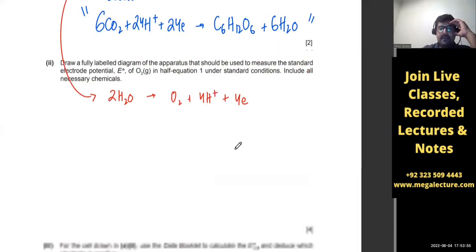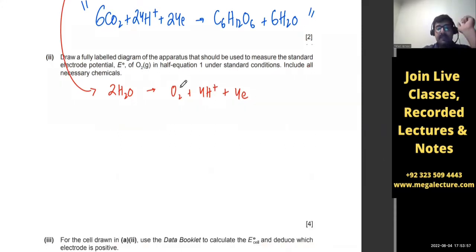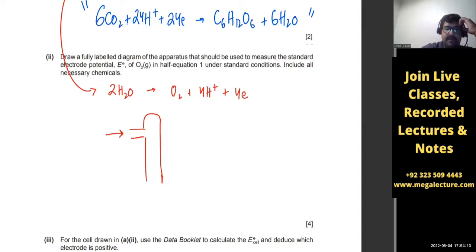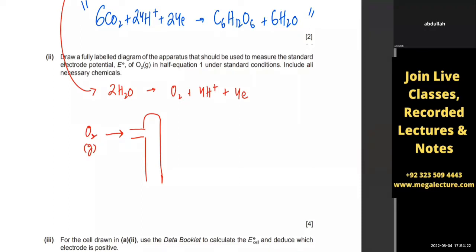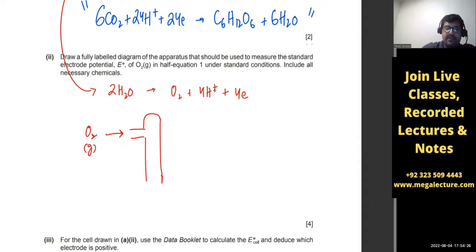As he's saying, how would you calculate the cell potential? First thing, it involves a gas. So you'll construct an electrode, and it's going to have a gas jar with oxygen gas in that gas jar. The H+ ions will be added into the solution.